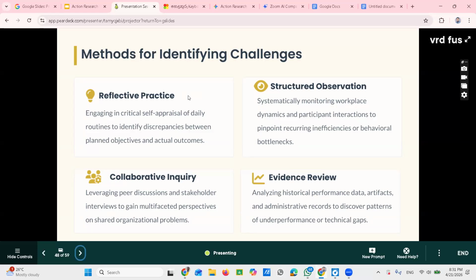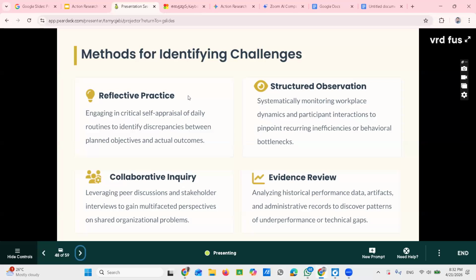What is the meaning of reflective practice? It means you are referring to your own notes, it may be your own journals. By referring to your own things, you can identify a problem.